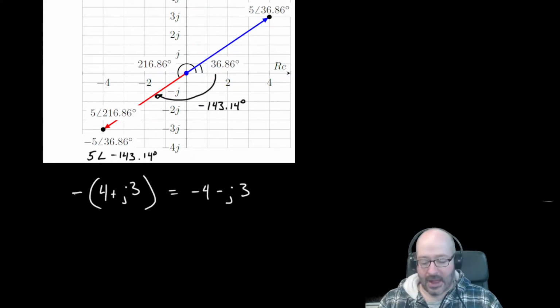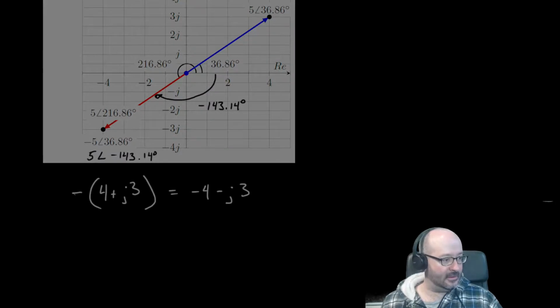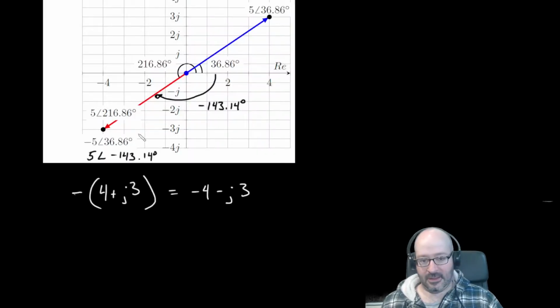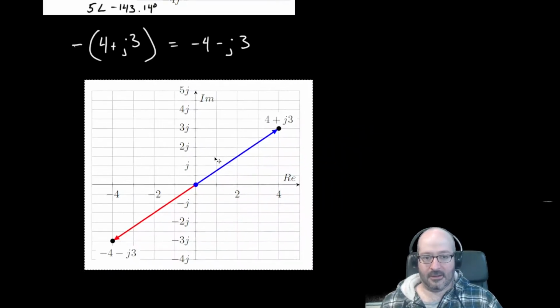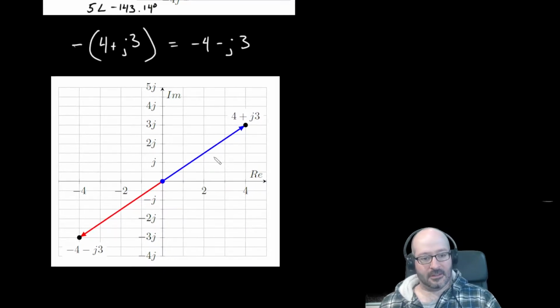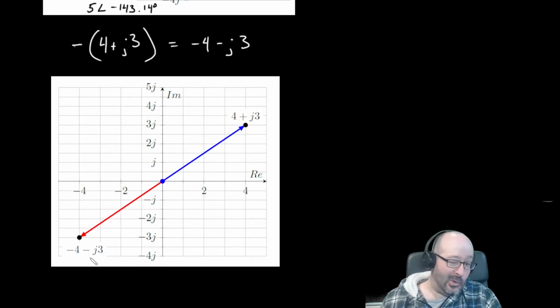Now graphically, let's look at that. It's going to look like this. So here's 4 plus J3. Instead of taking 4 steps this way, I'm going to take 4 steps this way, and instead of taking 3 steps up, I'm going to take 3 steps down, and I end up at the same point. It's just -4 minus J3.